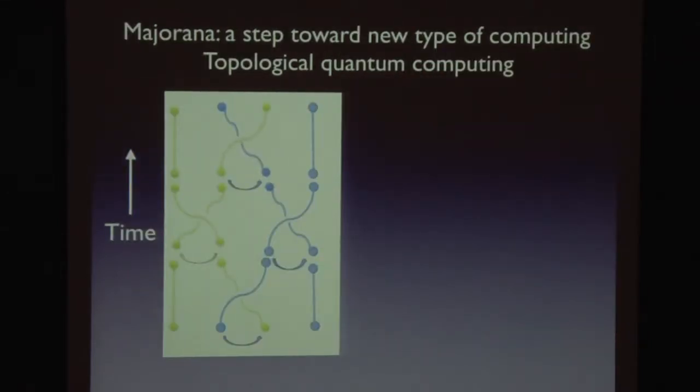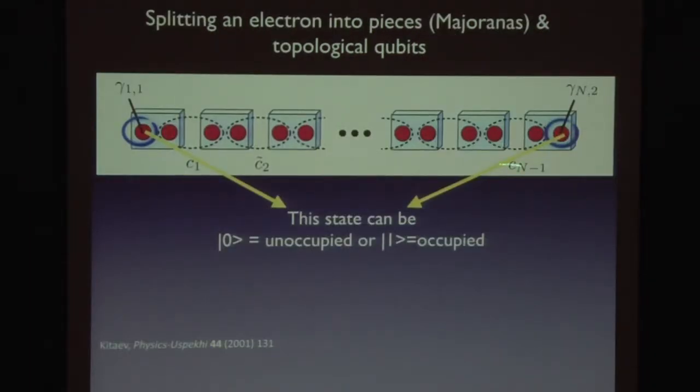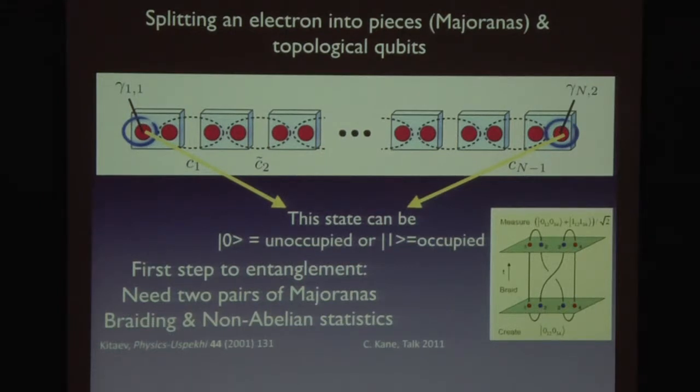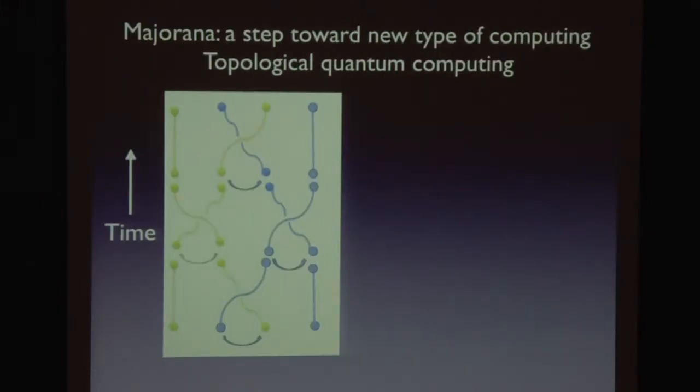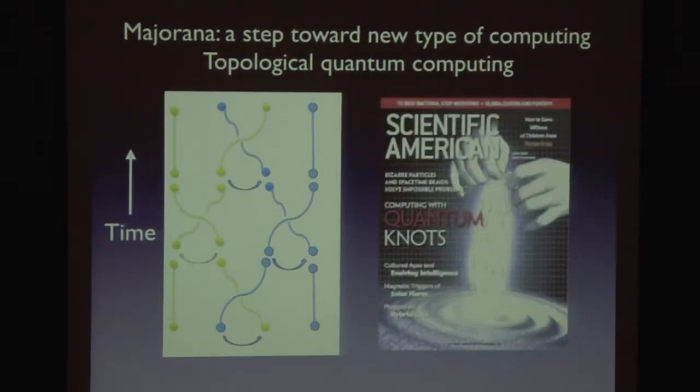And this non-abelian statistics and this braiding is one of the ways in which people are considering making a new kind of computation possible. So this Majorana state can itself be occupied or unoccupied, but these braiding operations correspond to the kind of quantum computing steps that you would take to create very complex entanglement between these different sets of Majoranas.